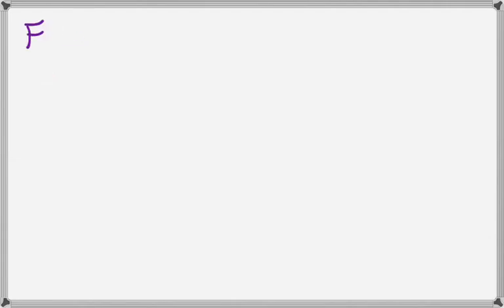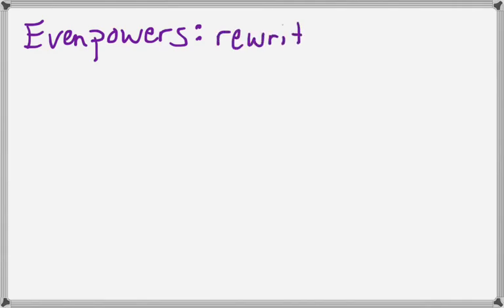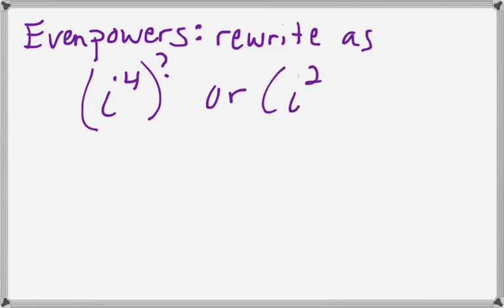So for even powers, you can rewrite it either as i to the 4th raised to some power, or as i squared raised to some power. You can always rewrite it as i squared to a power, because if the exponent is even, you can divide it by 2, but some of the numbers you won't be able to rewrite as i to the 4th raised to a power if 4 doesn't go into the exponent.